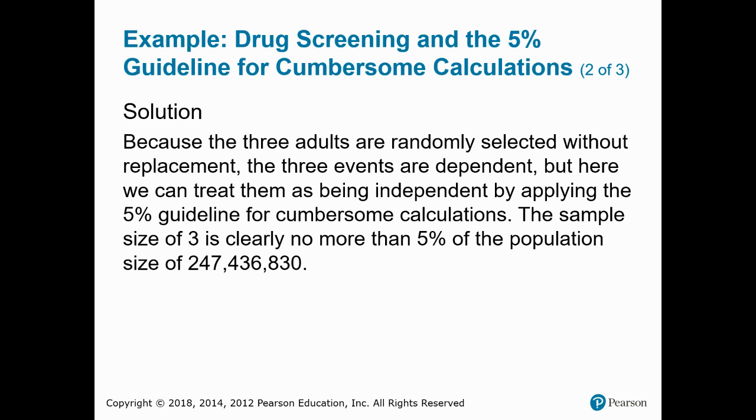Calculate it for me. What do we get? The decimal: how many zeros after the decimal? 7 zeros after the decimal, and then a 1. That's what percent of the population we're picking. That is way under 5%, right?